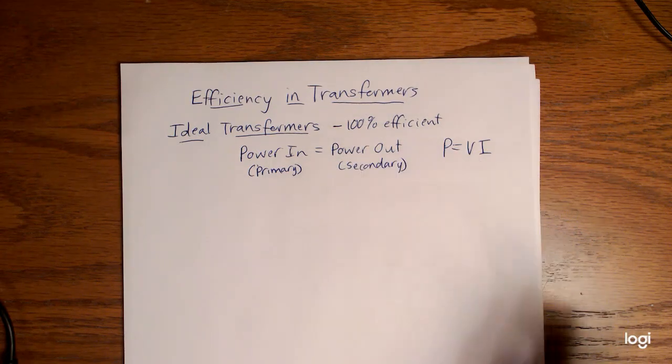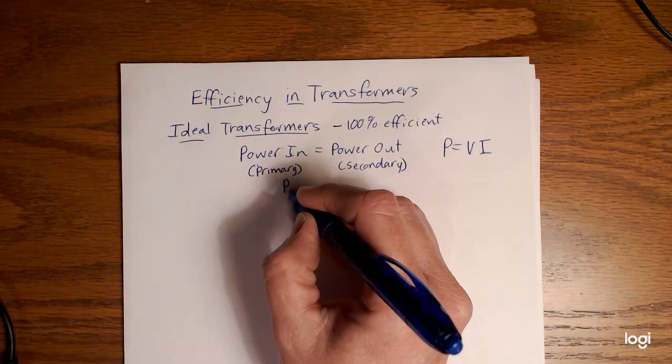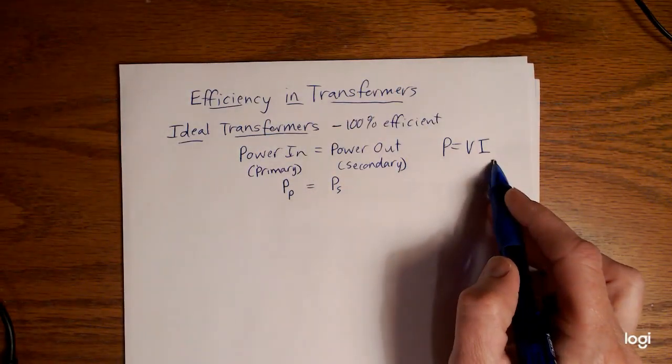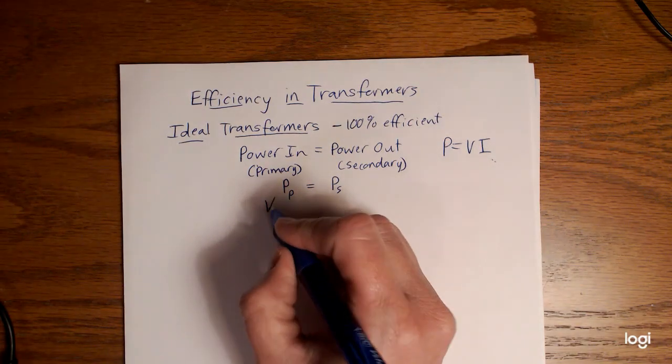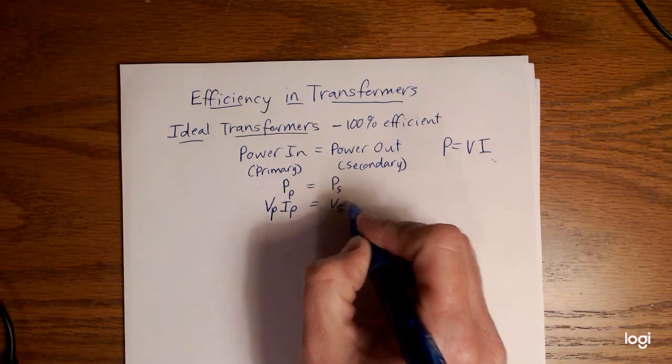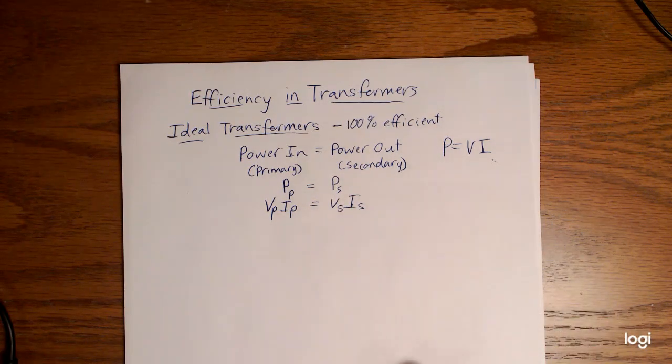So when I write the equation, I can put power of the primary equals power of the secondary, and then replace the power with voltage and current: voltage in the primary, current in the primary, voltage in the secondary, current in the secondary.